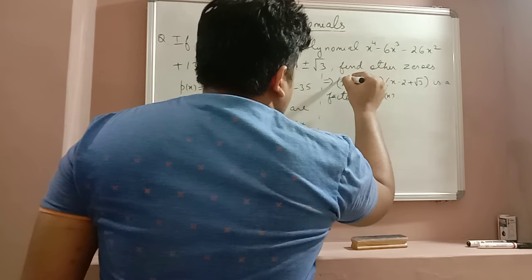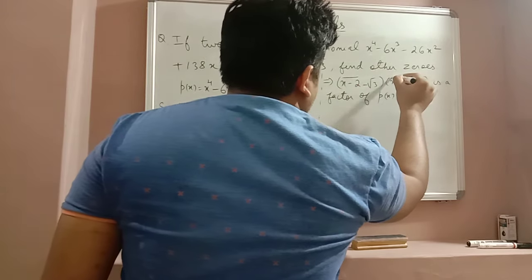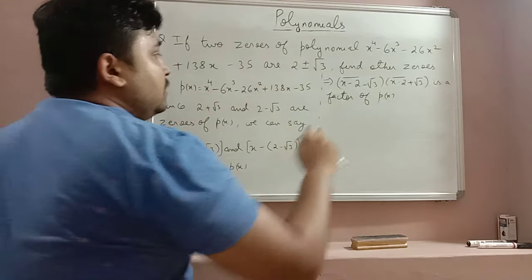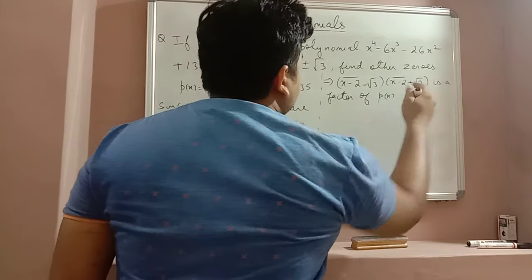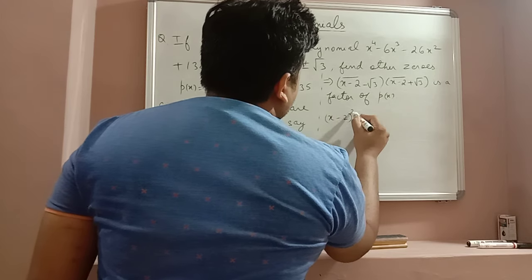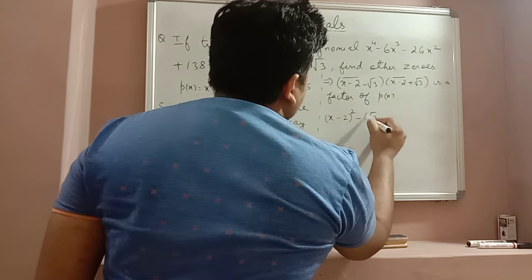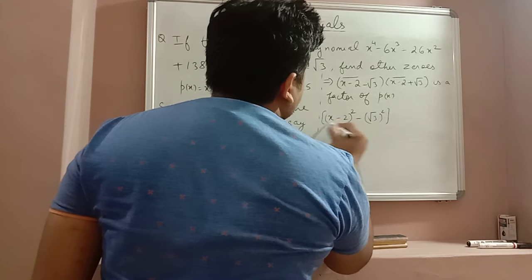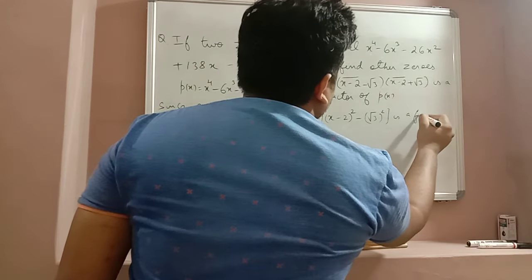So for this, I'll just take x minus 2 in the brackets. So this turns out to be a minus b into a plus b. So this becomes x minus 2 whole square minus root 3 whole square, is a factor of p of x.